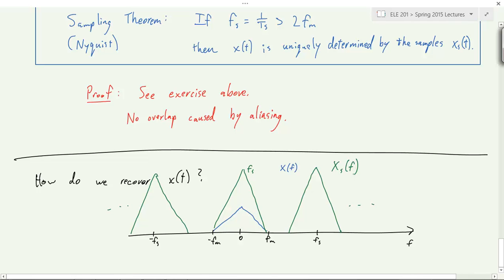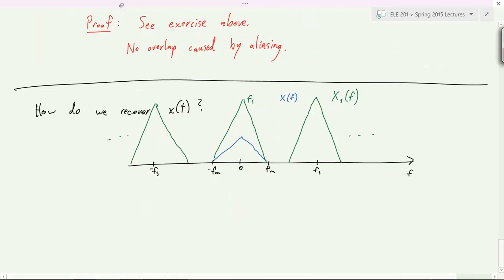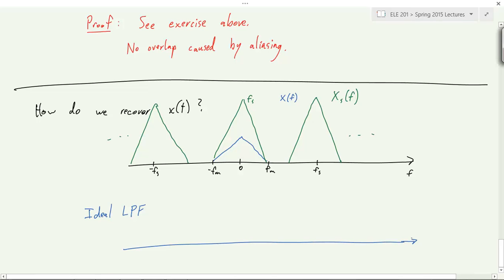Now, to recover, all you have to do is apply an ideal low-pass filter. What filter should we apply? We want to get rid of the extra copies, the aliased ones. So we apply a filter that does this. It'll go up to Fs over 2, and that's sure to get rid of all the extra copies. And to renormalize, let's make the height 1 over Fs. So we'll exactly get back to our blue if we multiply these, of course, because that's what happens when you apply a filter: you multiply.